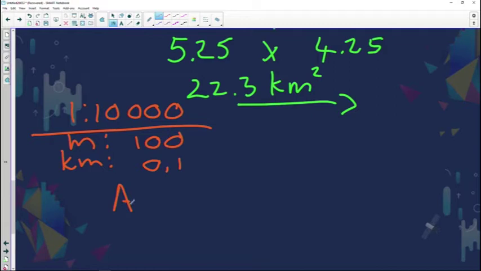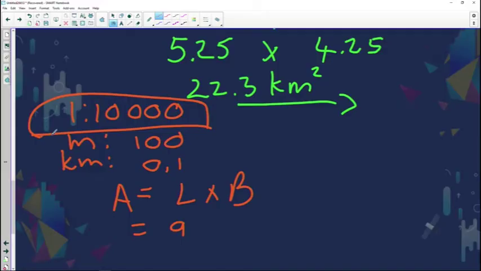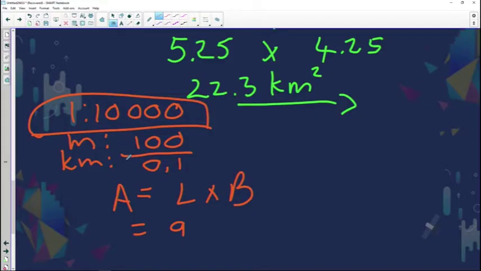We said area equals length times breadth. So the length was 9 centimeters. Now remember, the map that we used was the autophoto, and it consists of a different scale, 1 to 10,000. So if I want my answer in meters, I'm going to use 100. So it's 9 times 100, and then the 4.5 centimeters wide times 100.